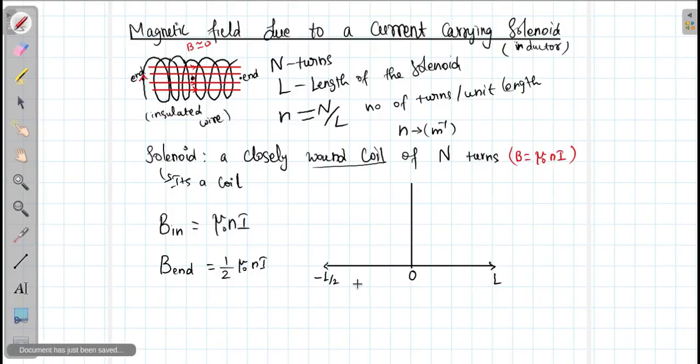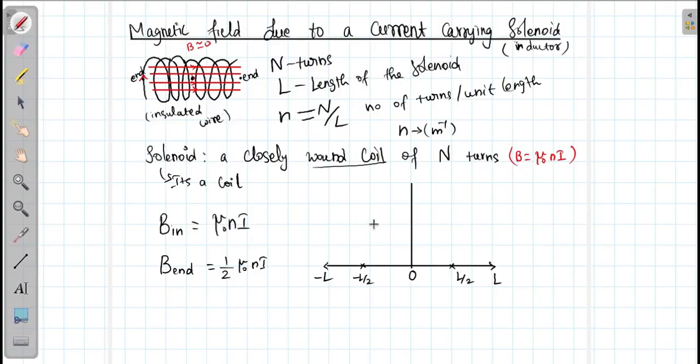So L by 2 on each side, minus L by 2 to L by 2, with the ends of the solenoid at half the length.